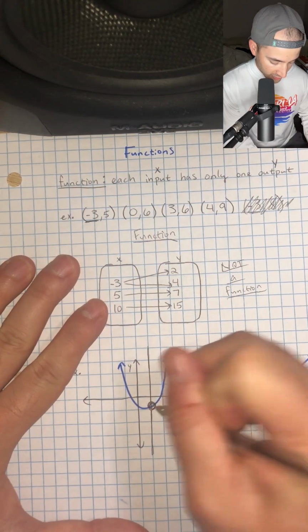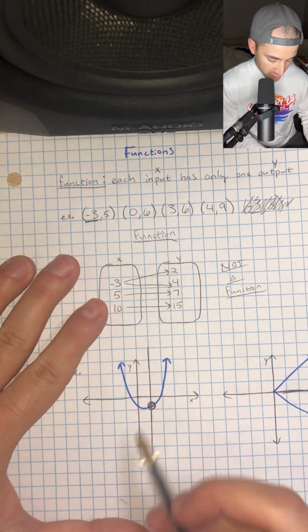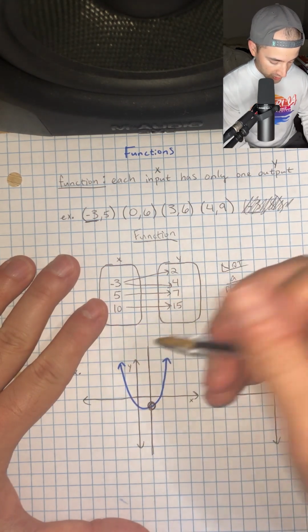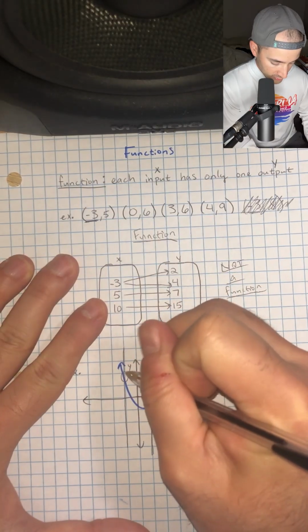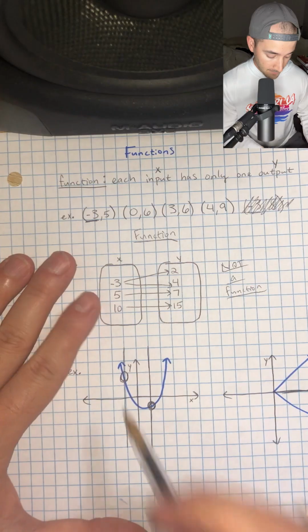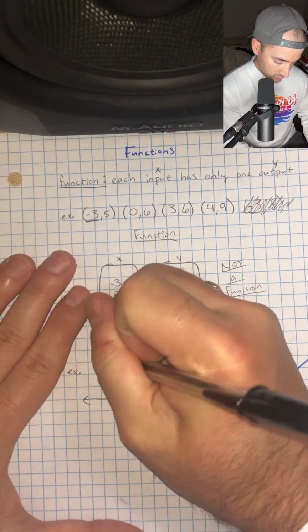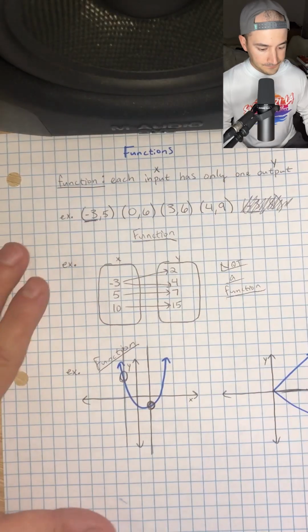Okay, see how we only touch the blue parabola, the blue curve, once? No matter where we draw the line, okay? We can draw it over here, and that vertical line is still only touching the blue line once, okay? So this first example is a function, okay?